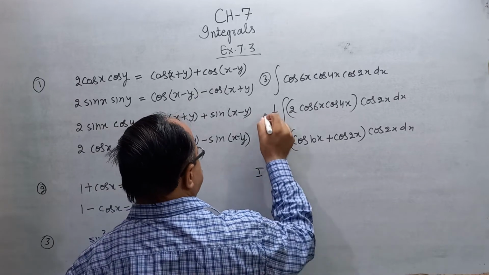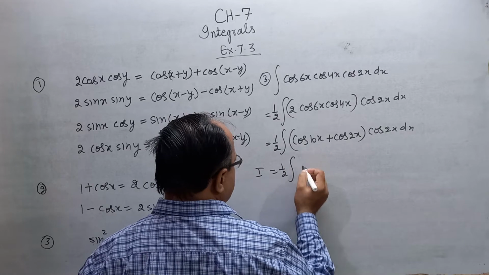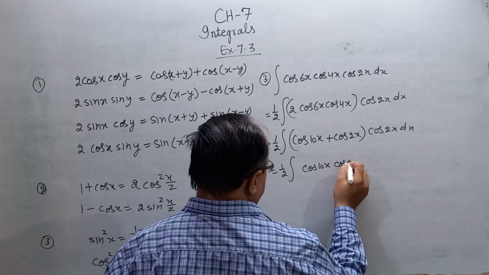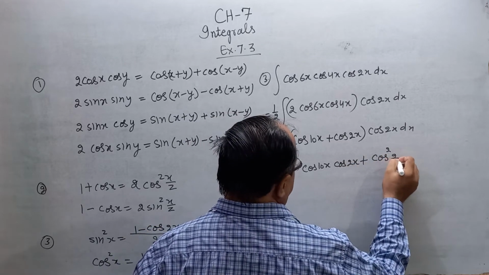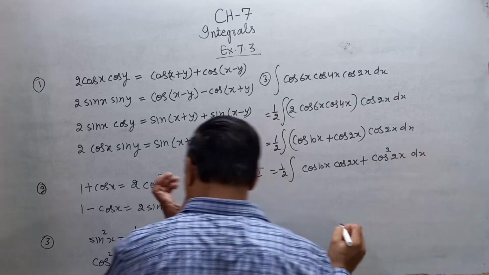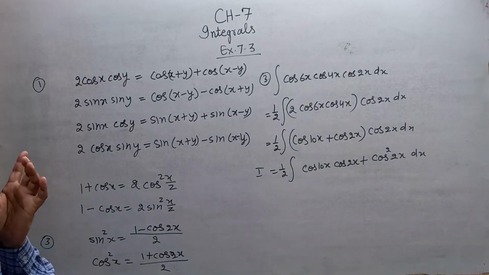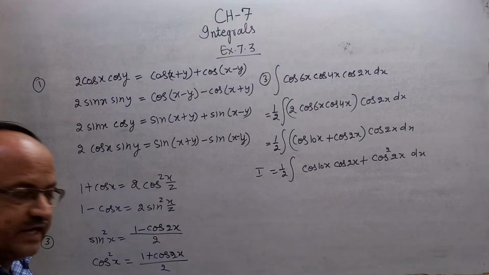Now multiply it by cos 2x: cos 10x cos 2x plus cos square 2x dx. Correct. Now again multiply and divide by 2.